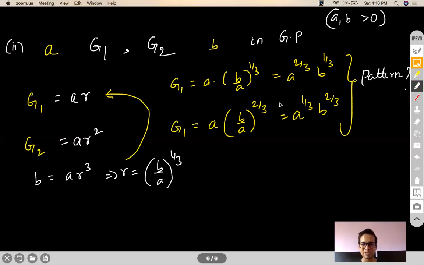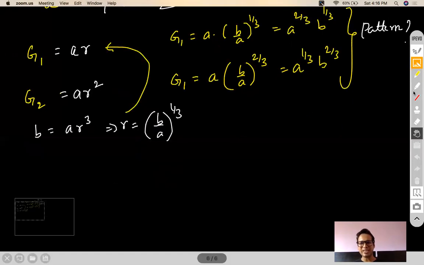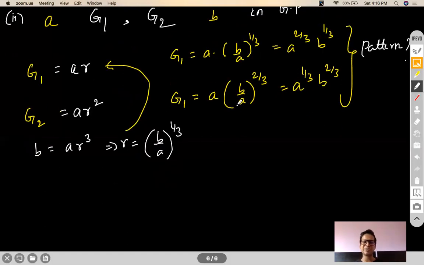Yes, Gayatri observed the pattern. Very good, Gayatri. If you try to connect this with the arithmetic means, you will realize that what used to be the coefficient of A is now the power of A. What used to be the coefficient of B in case of AMs has now become the power of B. Do you see that?